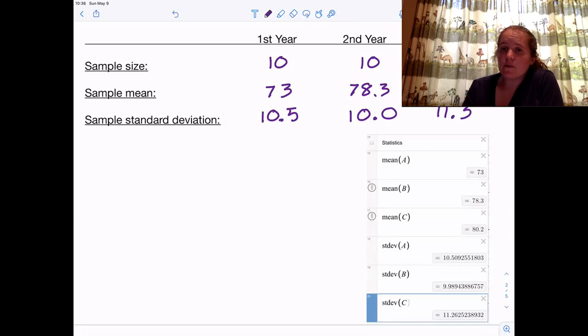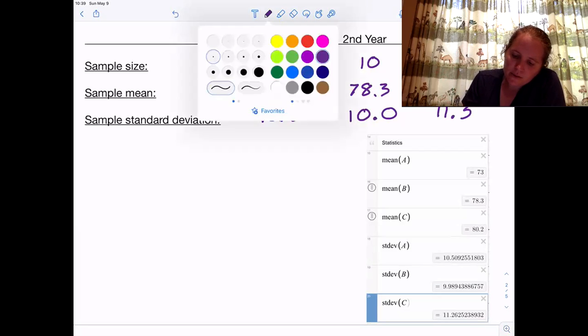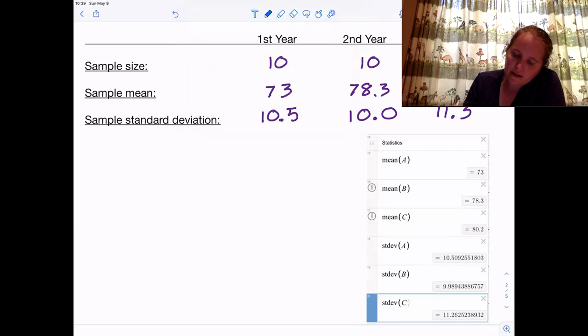So all of this information is going to be needed for plugging in to Desmos to do these calculations for the F-score and the p-value. The way that we will plug these into Desmos is we will simply, for sample size, do 10, 10, 10.